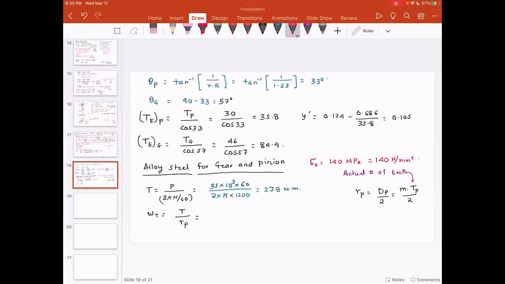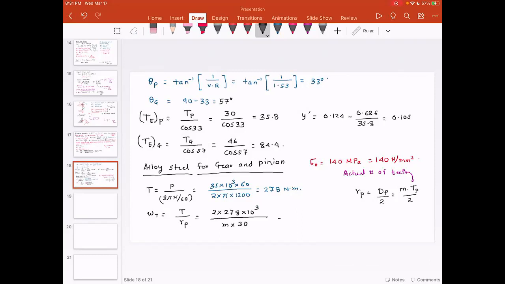So that gives me 2 times 278.3 divided by m multiplied by 30.